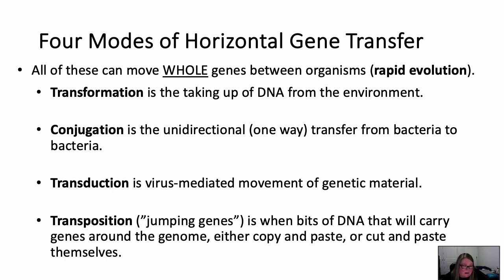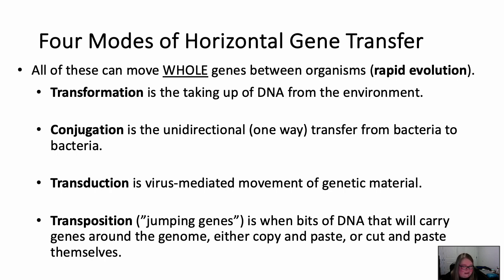The first is transformation, which is where we're going to get DNA from the environment and take it up and integrate it into the genome if we're a bacteria. We have conjugation, which is going to be a one-way transfer of plasmids from one bacteria to another. We have transduction, which is going to be what we call virus mediated.